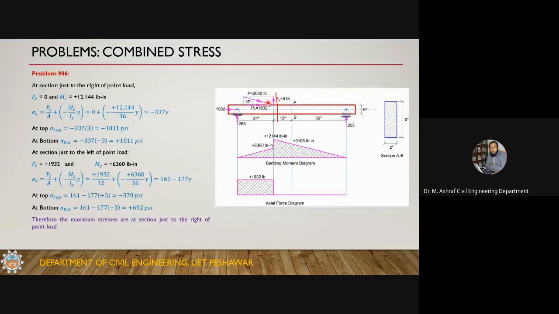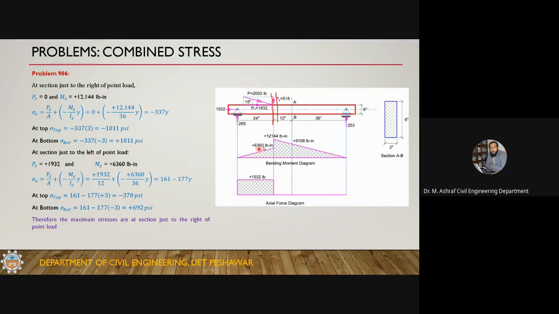And let's investigate also this point, just to the left of this section. Here Px is not equal to 0, it is 1932, but the moment is 6360, which is smaller than this one.